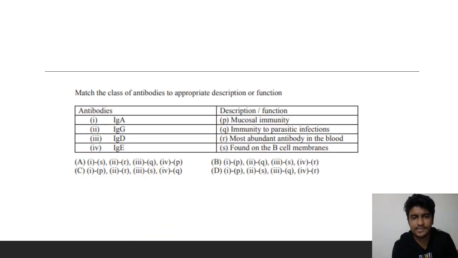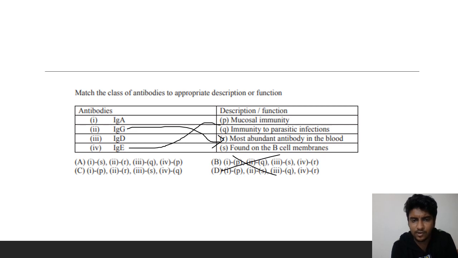Now here it is a match the column. If you know any one, you can eliminate a few options. Like here, if we know the most abundant antibody is IgG, we know that 2 is going to be R. So these are eliminated first, and now these both have 2 as R. Now we'll see IgE. IgE is usually involved in parasitic infections.